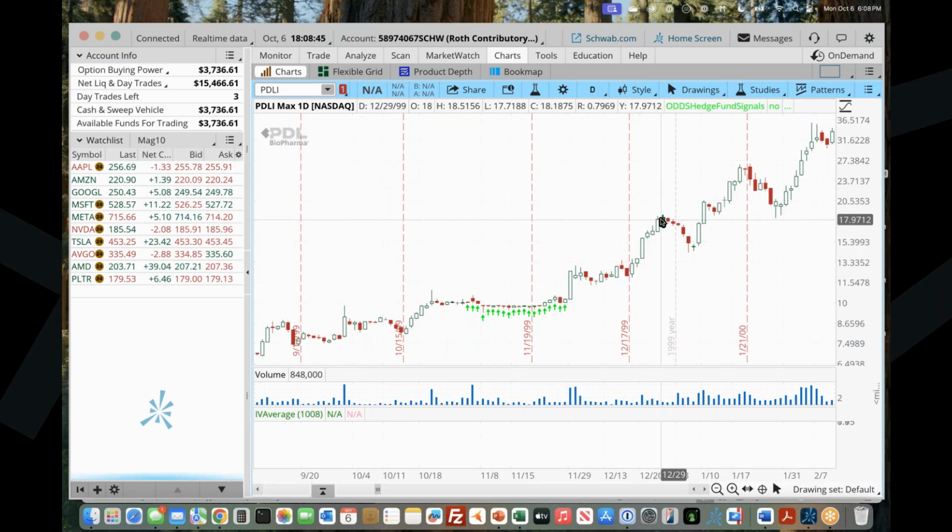This one was really tempting to start getting out, especially when it started rolling over right here and coming down, but we didn't. We held on, and we got some more. It was really tempting here to get out as it turned over, and we didn't. We kept holding on, and it paid off, and it kept going and going.